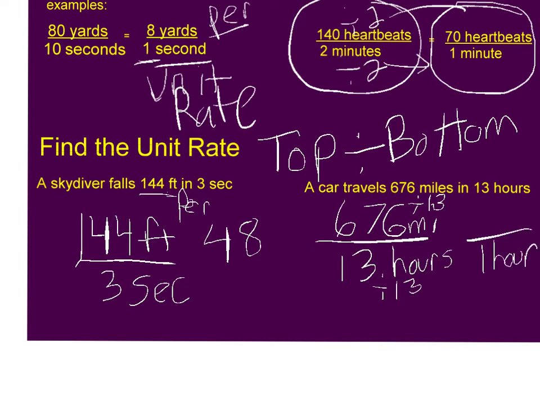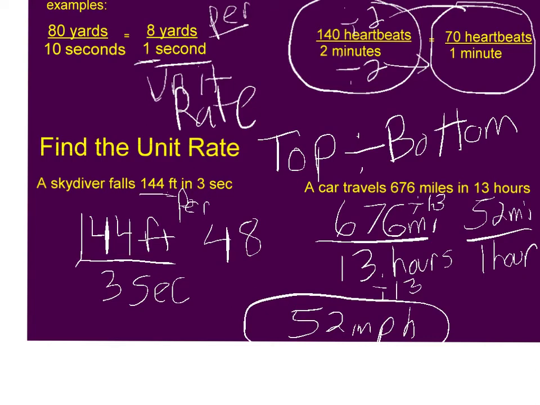So let's do 676 divided by 13. Well, if you look over here, we got 52 miles per 1 hour. So basically, what we really have here is 52 miles per hour. That's what that implies. In 1 hour, it could go 52 miles.